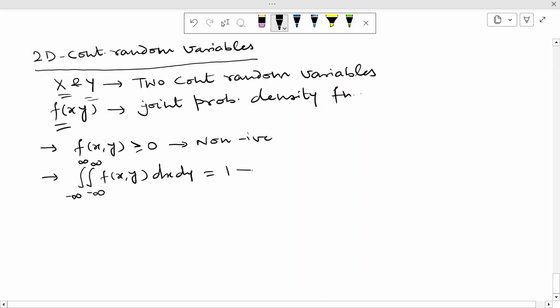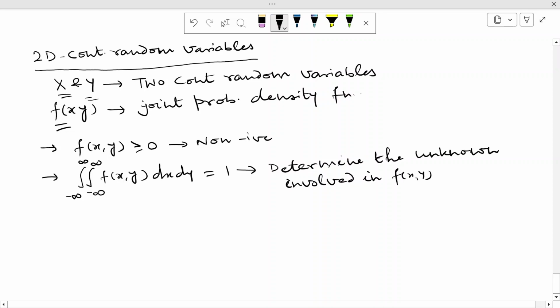This property is very helpful to determine any unknown involved in the expression of our fxy.